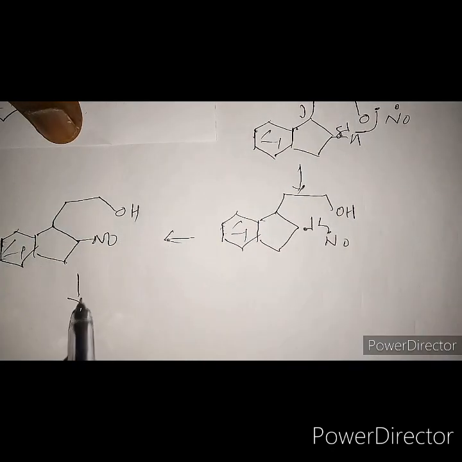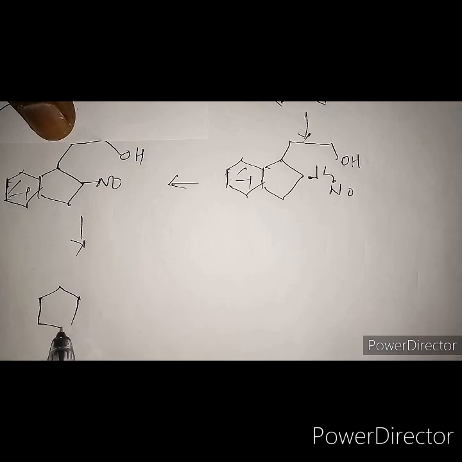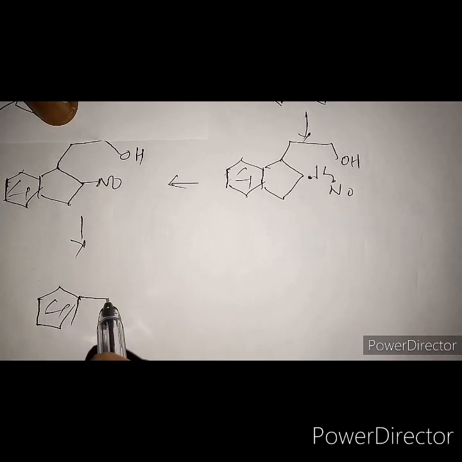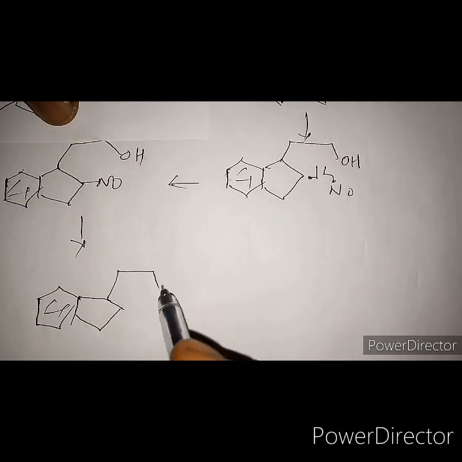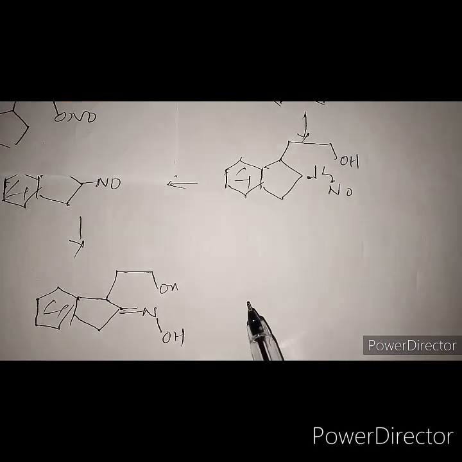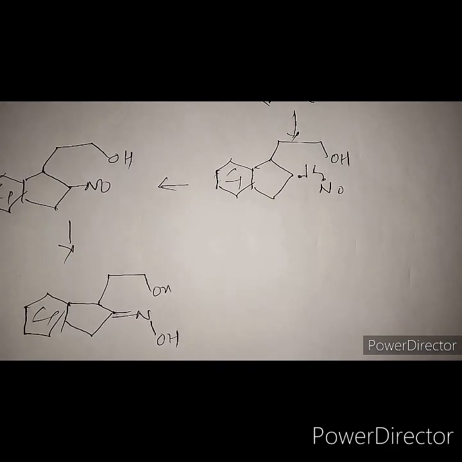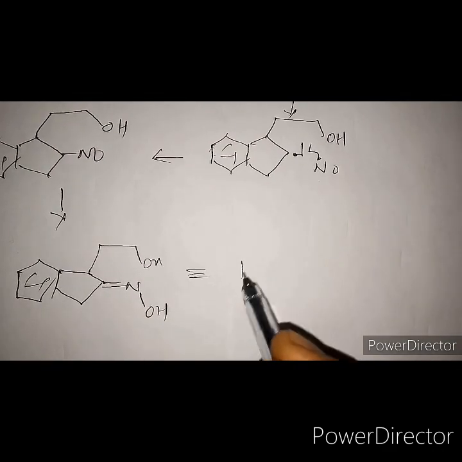Now this nitroso group will undergo tautomerization to give an oxime, C=N–OH. We can rewrite this neatly.